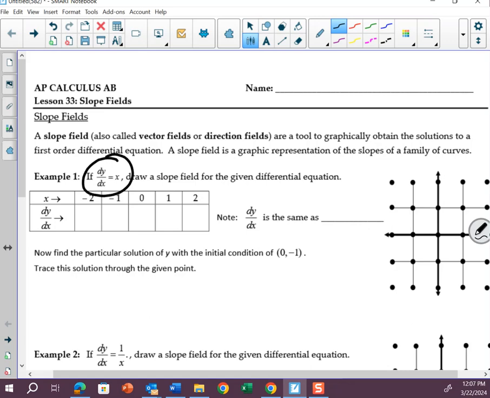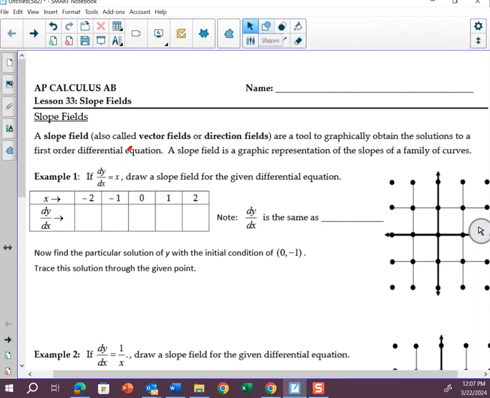So if dy over dx is equal to x, then if we wanted to think about values for dy dx, the values of dy dx would just be equal to whatever x value I started to think about.